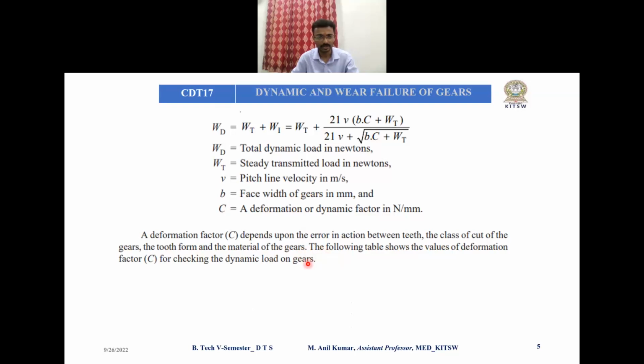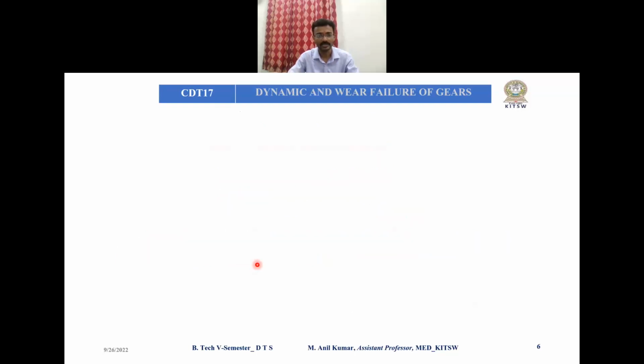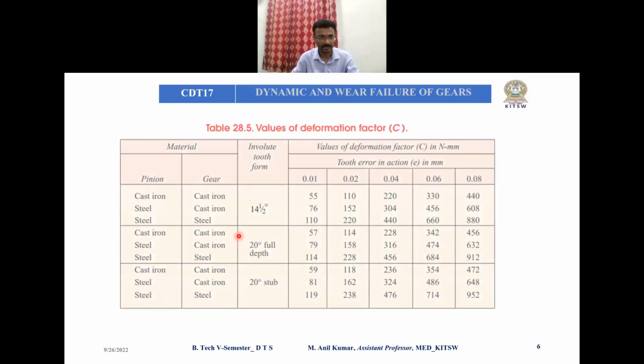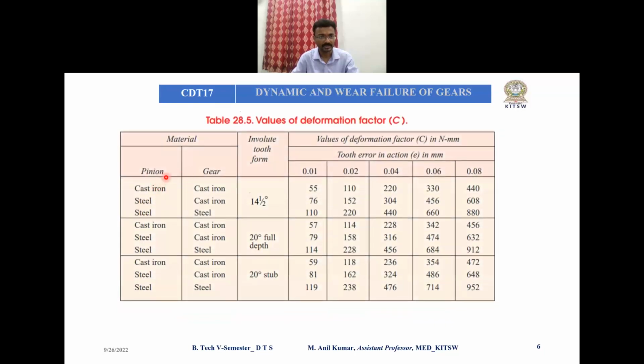And here is a table which shows various deformation factor values, which depend on dynamic load of gears. So the table is like this. If pinion is cast iron and gear is also cast iron, and the tooth profile is 14.5 degree involute tooth, the C values will depend on tooth error in action, small e.